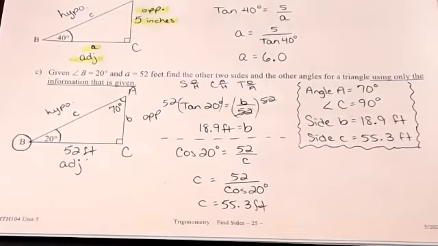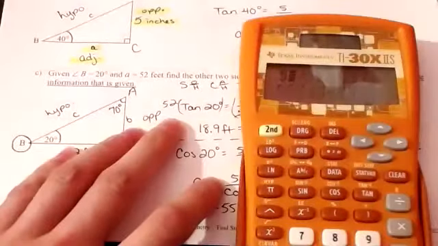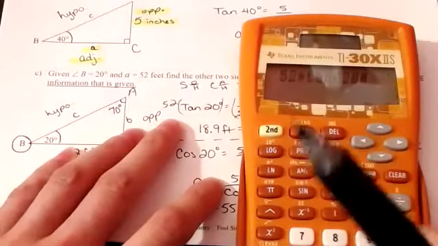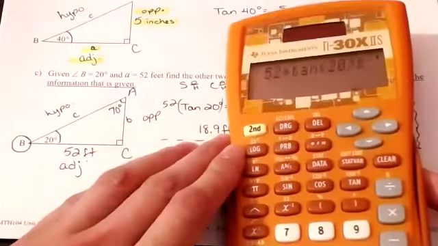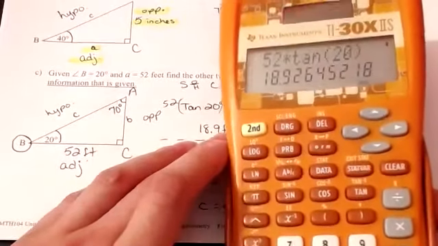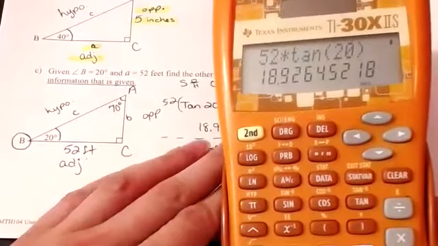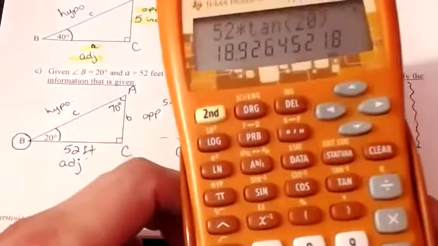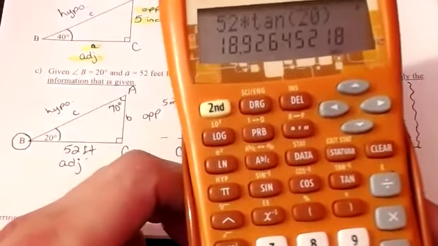Beautiful. Questions? Shane? I got 116 for B. 116 for B? Try that one more time. Just punch in 52 times the tangent of 20. You should get 18.9. No, I got 116.